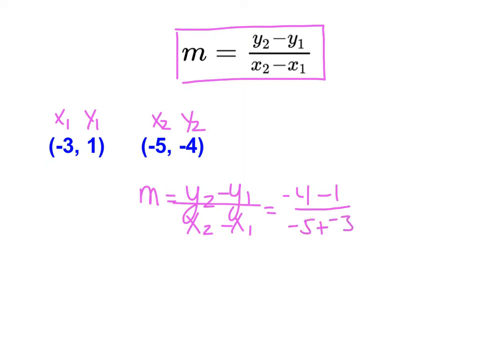I'm going to go ahead and do change down here. Now I'm going to do the math, and I have negative 4 minus 1 is negative 5. And I have negative 5 plus positive 3 is negative 2. And I know a negative divided by a negative becomes a positive, so my slope is equal to 5 over 2.